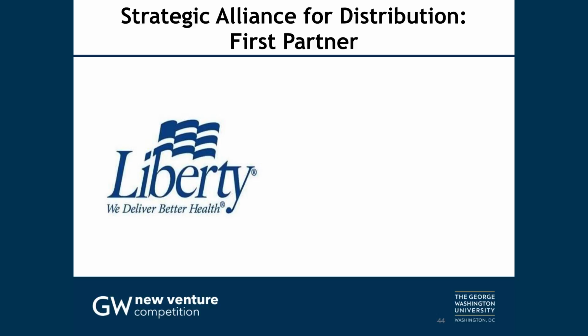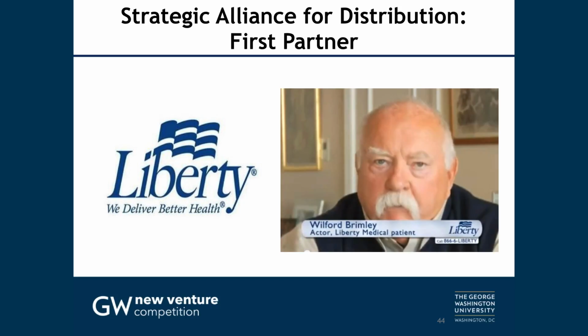The one that we were successful with, where we were able to develop a strategic alliance for distribution, was with a company called Liberty Medical. Liberty Medical, for those of you who are old enough to remember the commercials, was a company that did quite a bit of advertising on TV with Wilford Brimley, who's also known as the Quaker Oats guy, right? So he was a very famous actor. And Liberty Medical had a very strong brand out in the market.